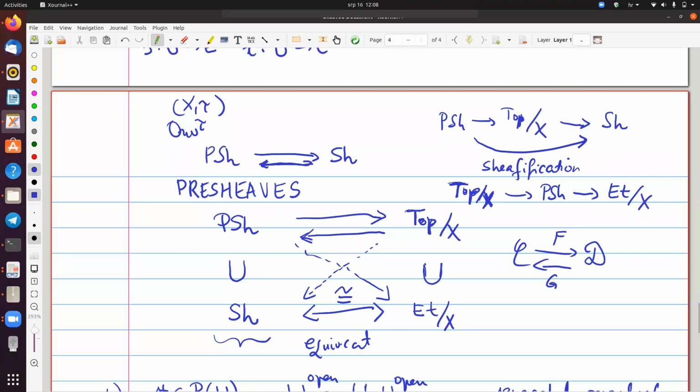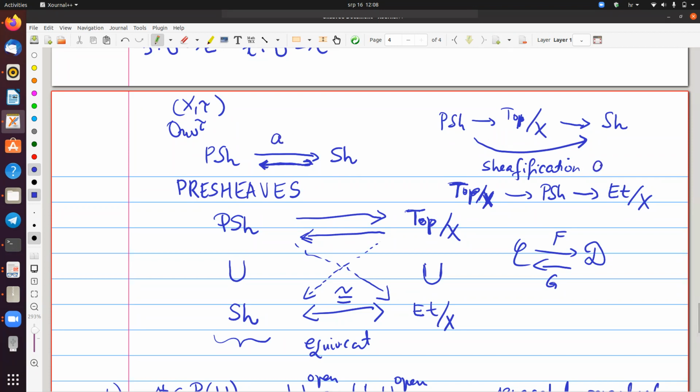So this here is also a pair of adjoint functors. And this one is maybe the best to remember first, that here is this A, sheafification.